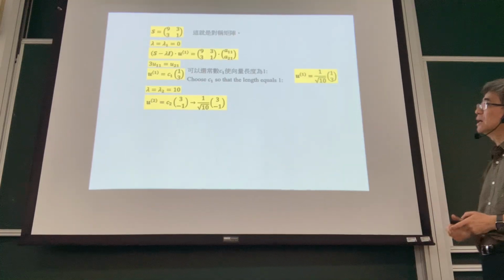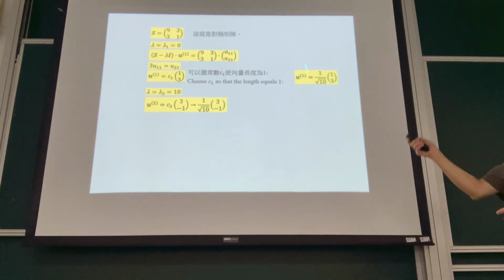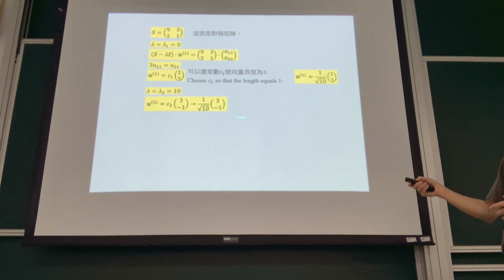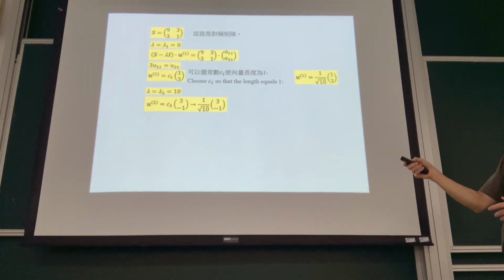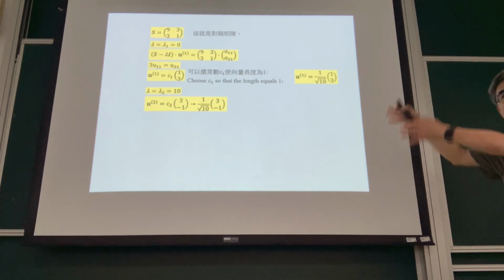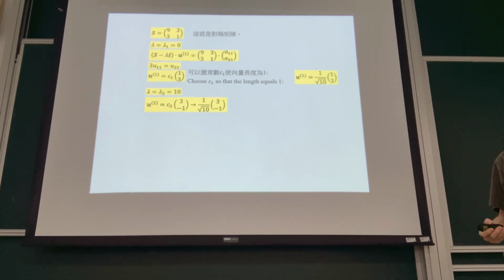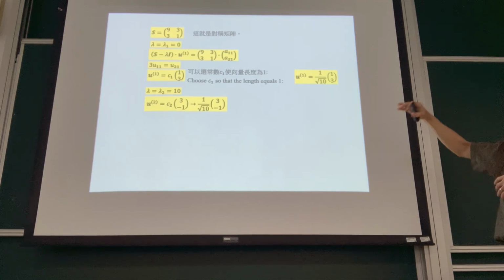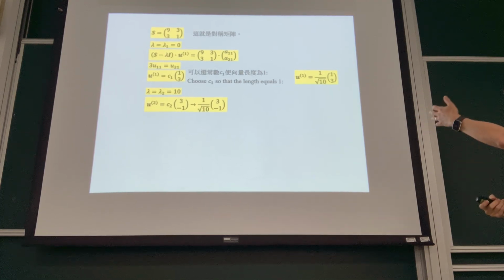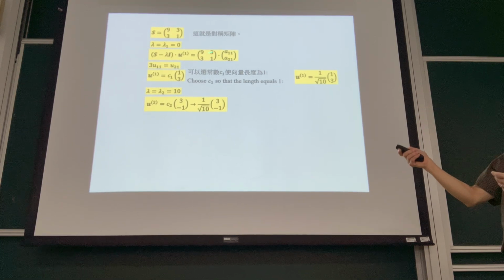How about a symmetric matrix? Here, I show you an example of a symmetric matrix, 9, 3, 3, 1. You can follow the same steps. It's exactly the same steps as before, so I don't want to go into detail. But you can practice again by solving this eigenvalue problem for this matrix on your own.